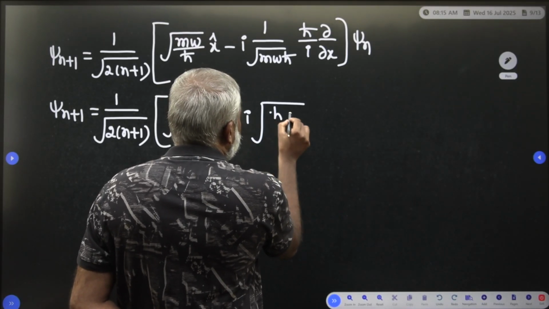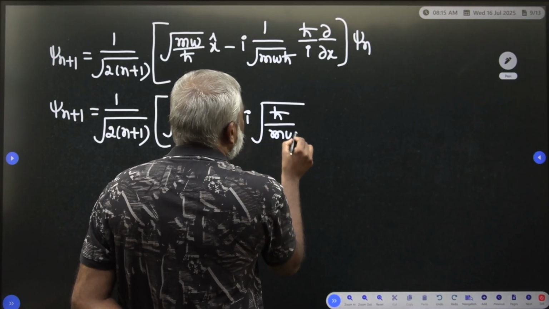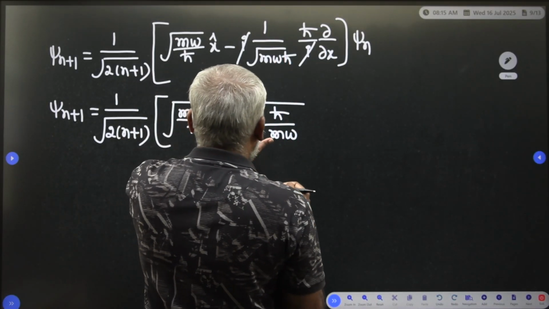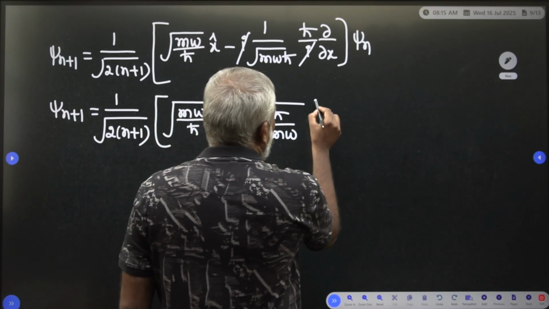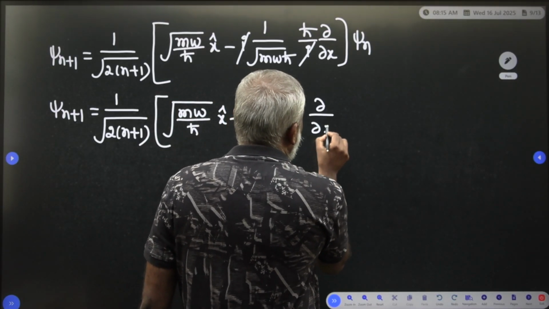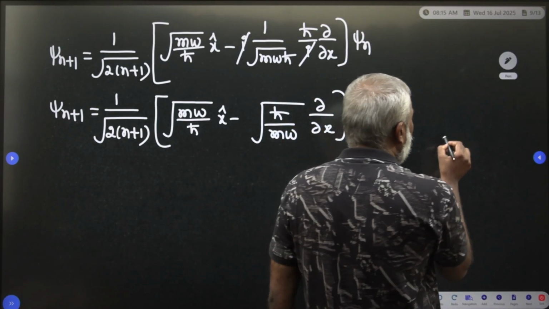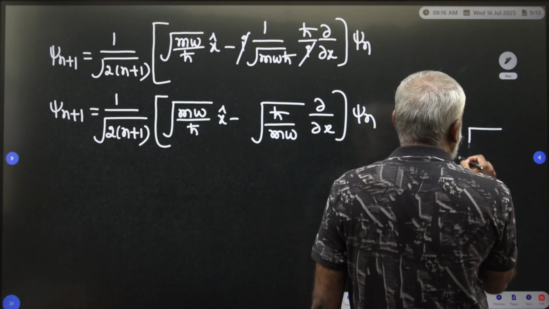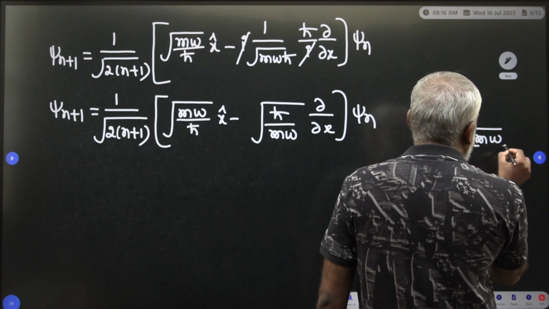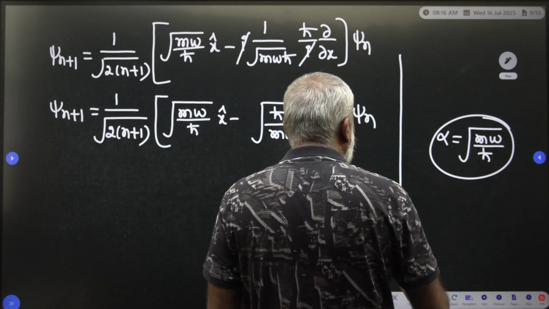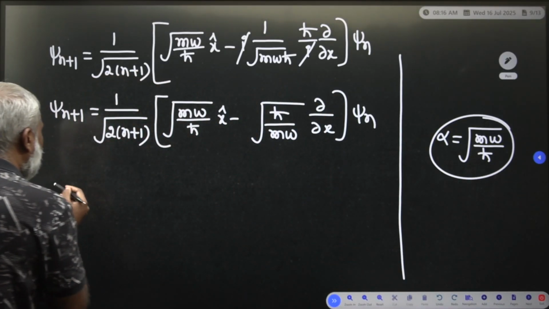So h cut is divided by m omega, square root of h cut divided by m omega, this i gets cancelled. Therefore dou by dou x into psi n we have to write. But you know that alpha is equal to square root of m omega by h cut. This is the alpha value.